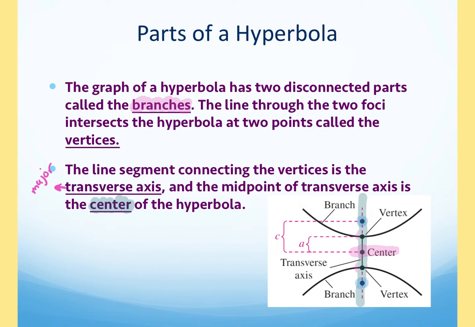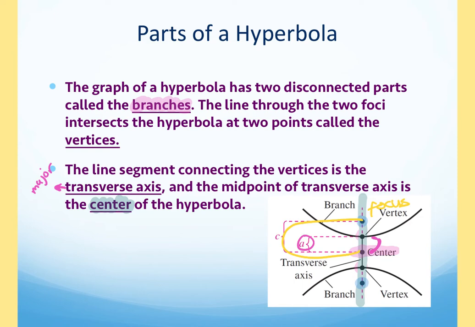Just like those parabolas have the focus inside the scoops, the hyperbolas do too. The distance from the center to the vertex is your a. The distance from the center to the focus is your c. And then the b, those co-vertices, just help you figure out what your asymptotes are, to figure out how wide or narrow your branches are, which we'll get to in a second.